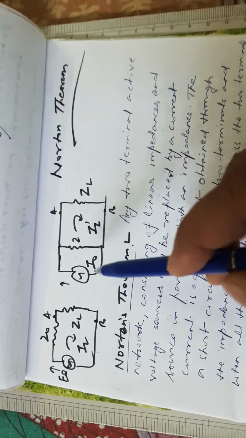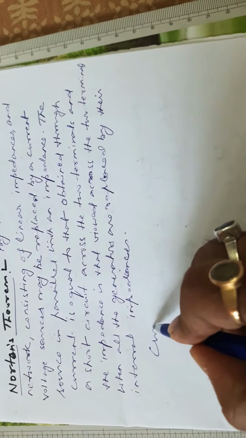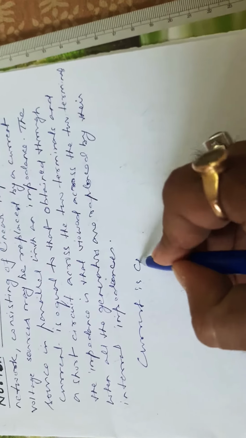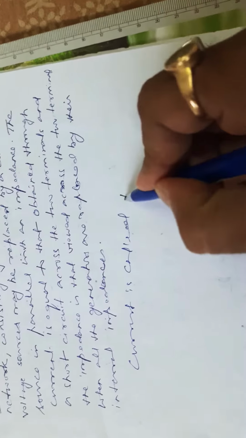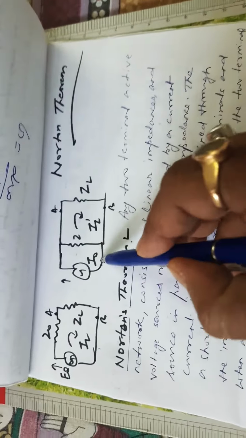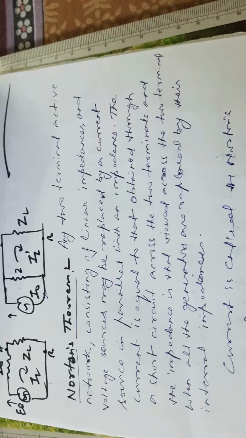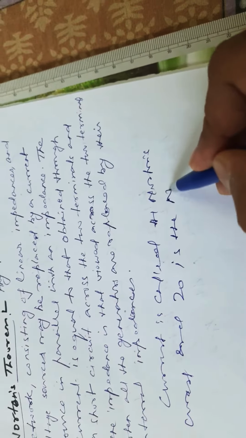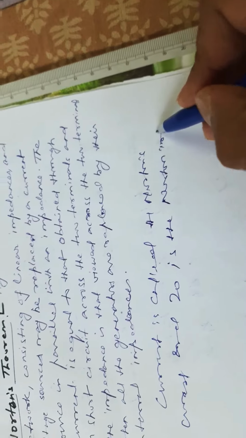This current source is called the Norton's current, and Z naught is called the Norton impedance.